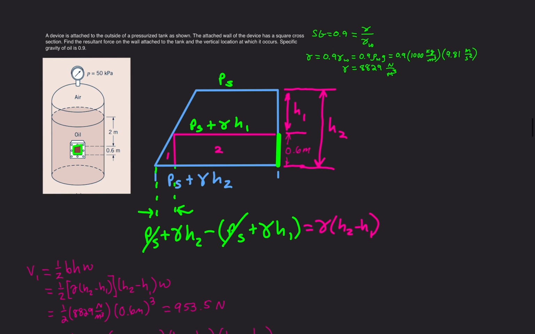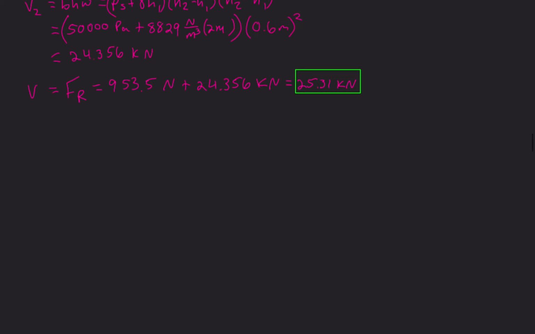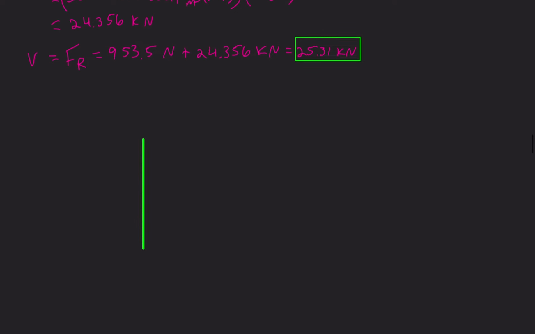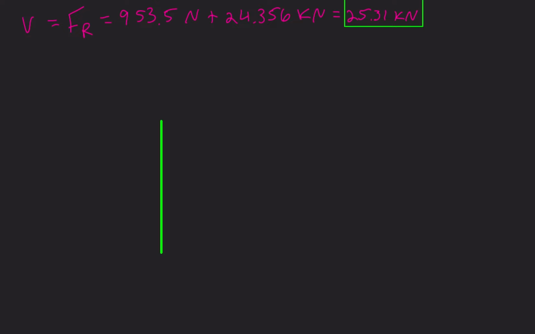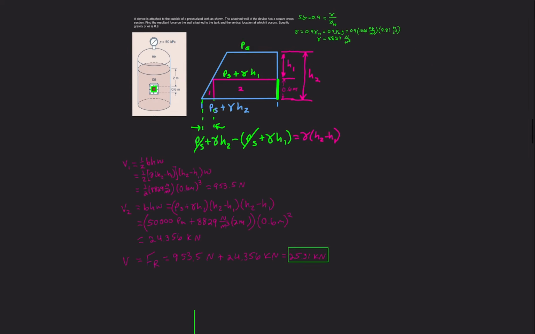Okay, we also want to know the vertical location at which this force occurs. So let's take a look at the free body diagram of this, okay? Free body diagram of the surface. Here's our surface, okay? We have a resultant force acting on our surface. We also have 2 component forces acting on it that add up to make that.